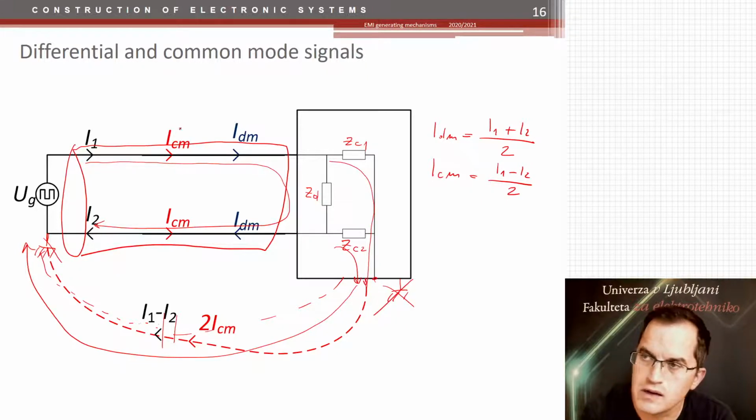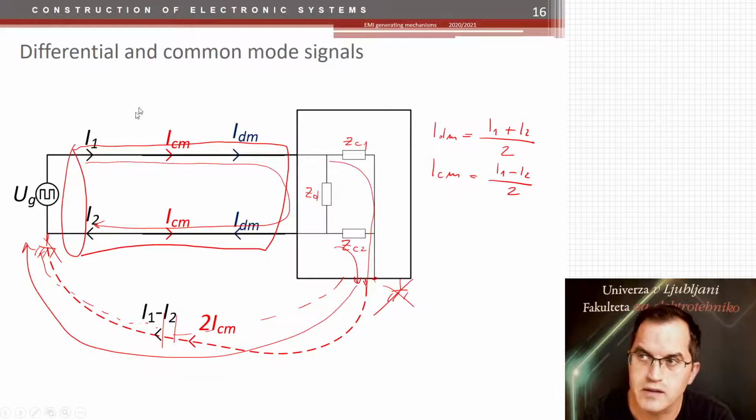In such a way, you can represent these two currents by the common mode part and the differential part. That's the idea behind it. The common mode part, ICM, is exactly what runs through the third path, and it runs in the same direction in the cable. The differential mode part runs in opposite directions.